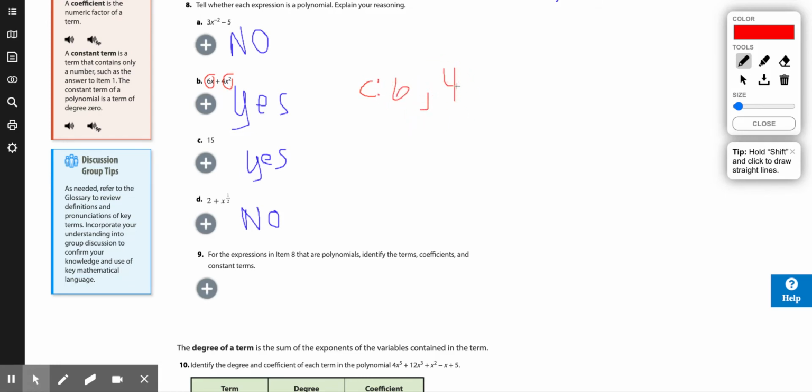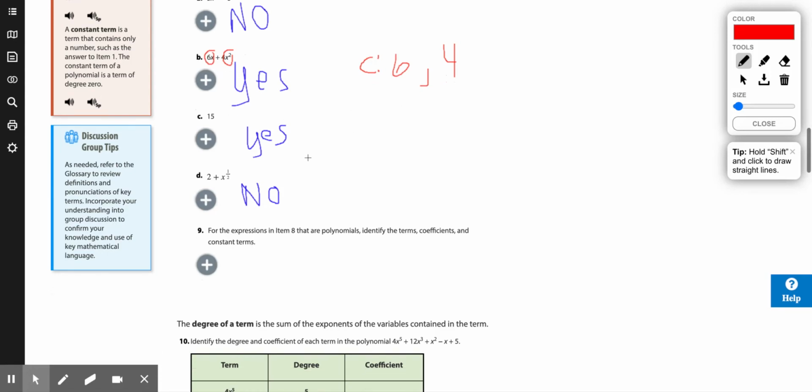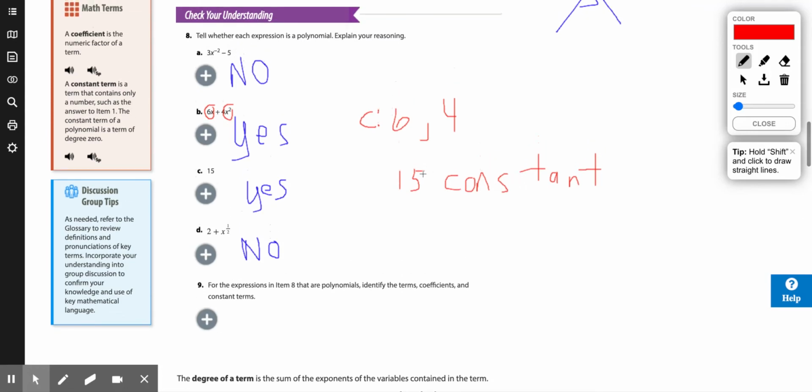Those are the numbers in front of the variables. And the constant term, well, this one doesn't have a constant term, but over here on C, that would be 15. That would be the constant because it's just a number. So it's just sort of vocabulary, okay?